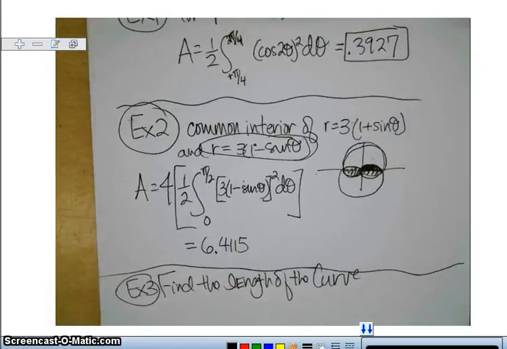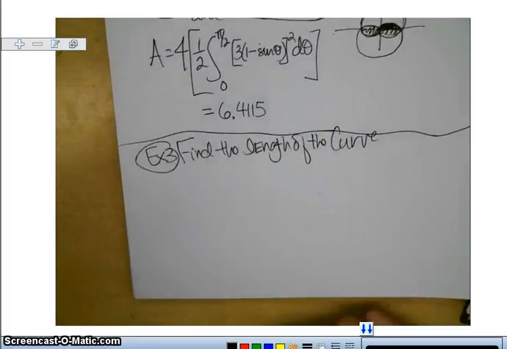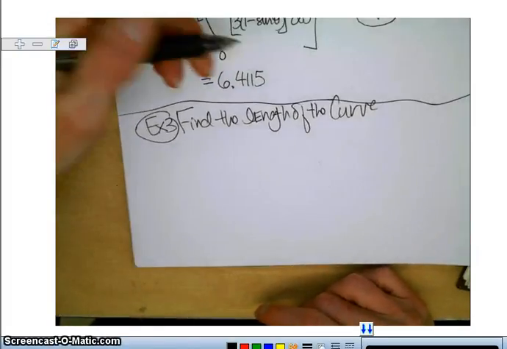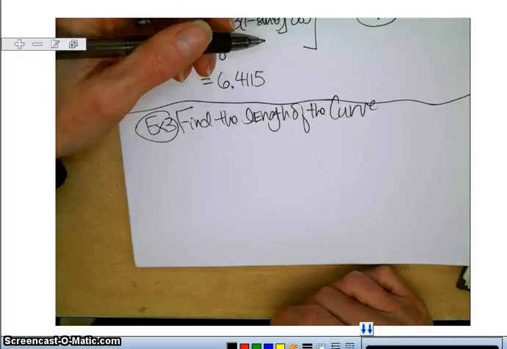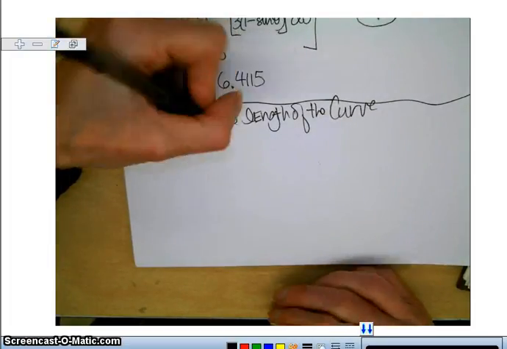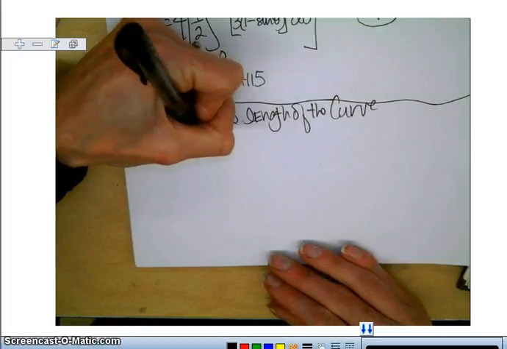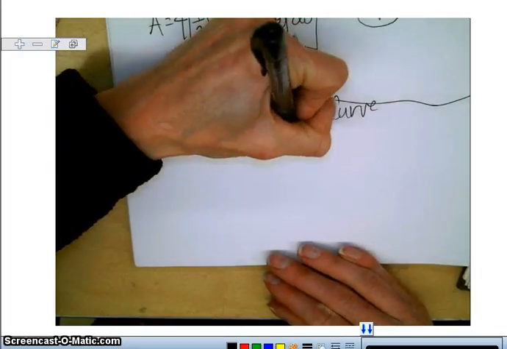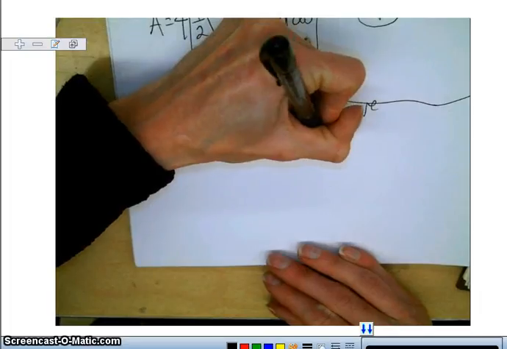So we'll do a length of a curve one quick and we'll do a surface area. They're actually really easy. Okay, so let's find the length of a curve. R equals 1 plus sine of theta from 0 to 2 pi.